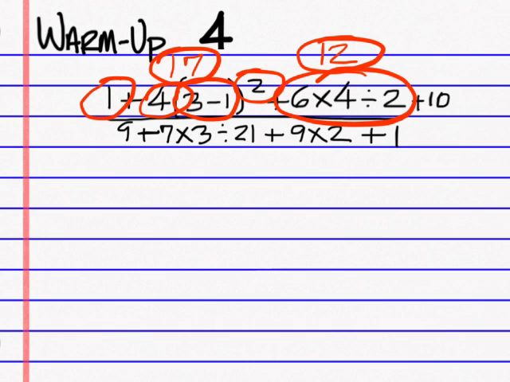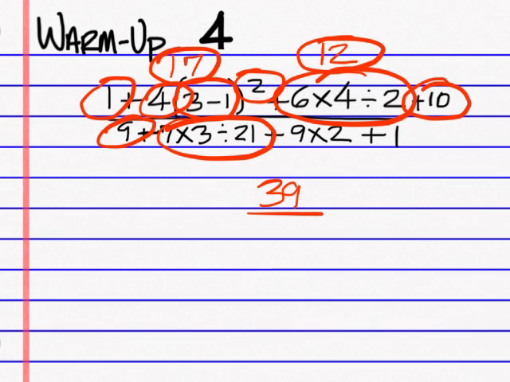17 plus 12 is what? 29 plus 10, 39. And then on the bottom, what's this? 1 plus 9 is 10. Minus 18.